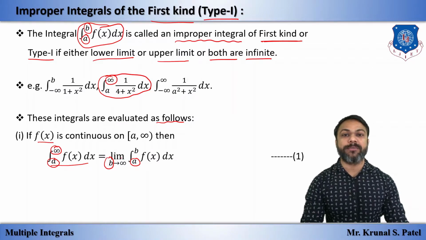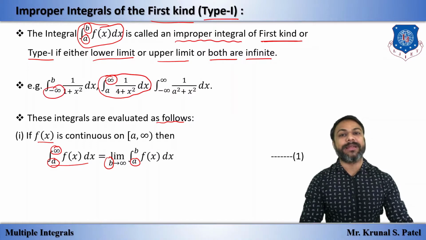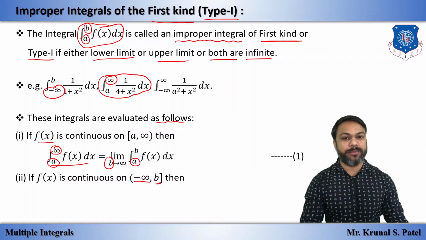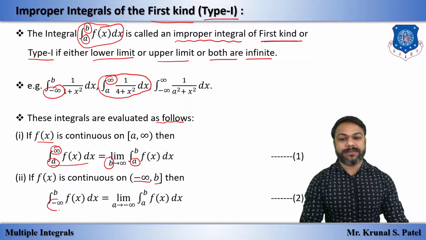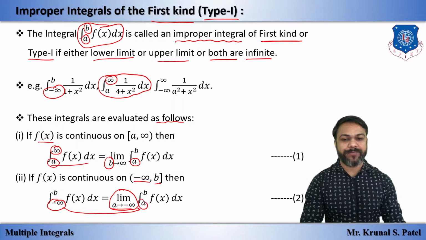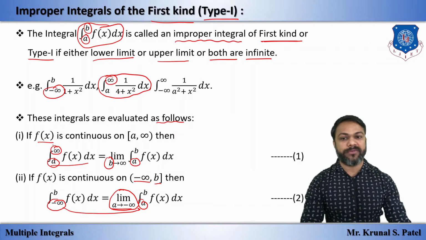No need to use b compulsorily. Now in the same way, if the lower limit is infinity, so it is continuous on minus infinity to b, then this minus infinity is taken as a, so limit a tends to minus infinity, and this minus infinity becomes a, and upper limit b as it is. So this is how we can evaluate these two, if the upper limit is infinite or the lower limit is infinite.